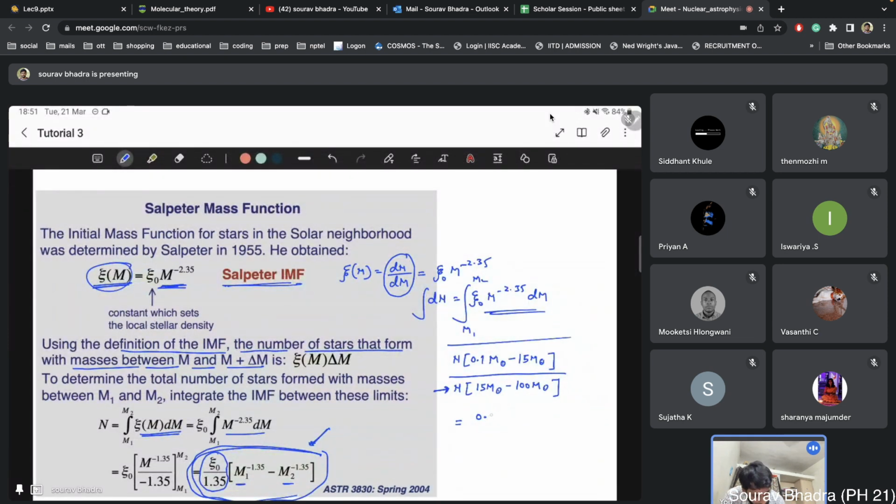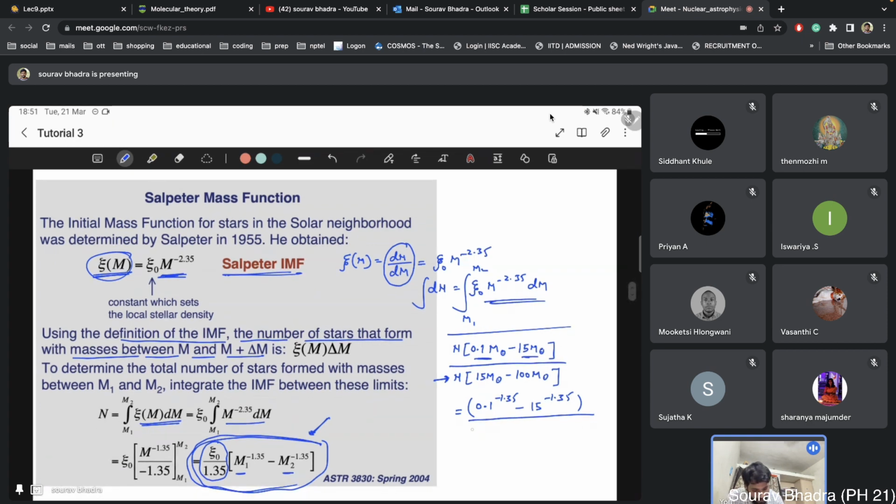So 0.1 to the power minus 1.35 minus 15 to the power minus 1.35. This is for the numerator, where m1 was 0.1 solar mass and m2 was 15 solar mass. And for the denominator, m1 is 15 solar mass, so 15 to the power minus 1.35 minus 100 to the power minus 1.35.